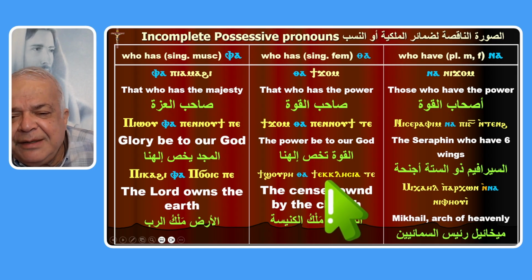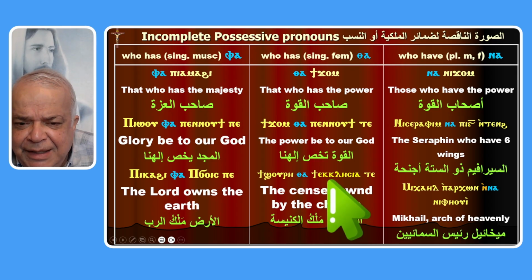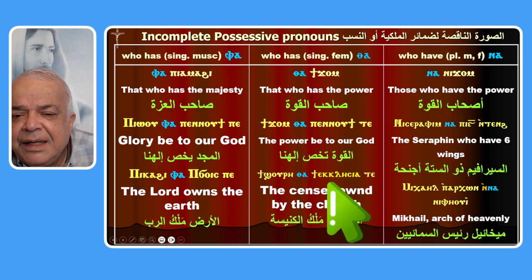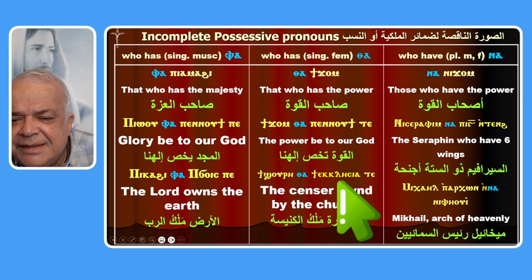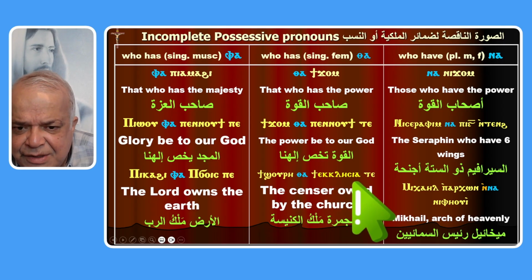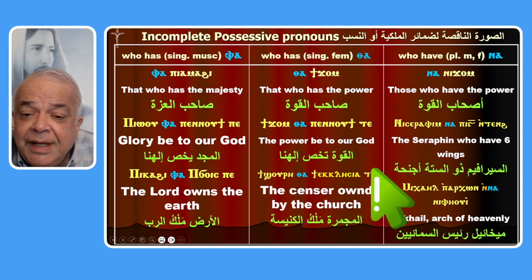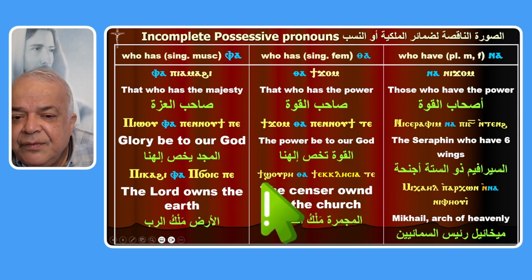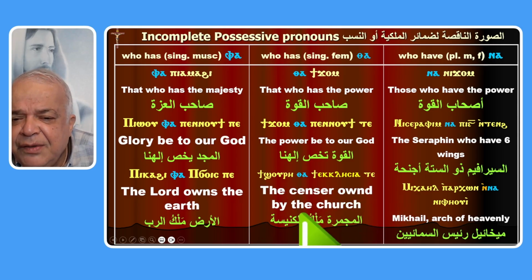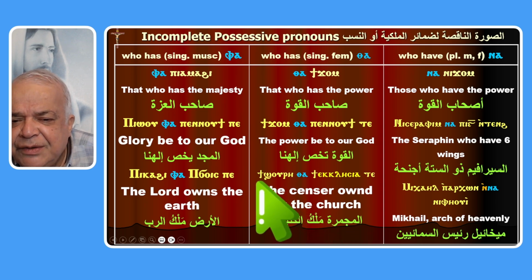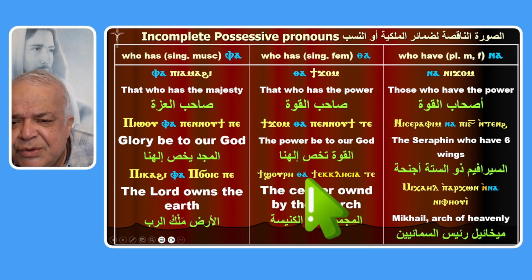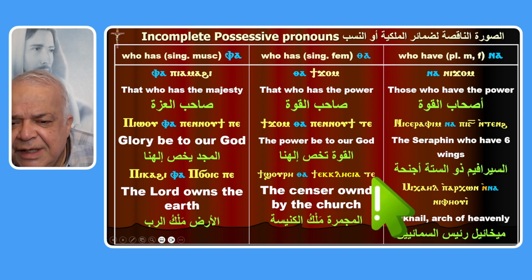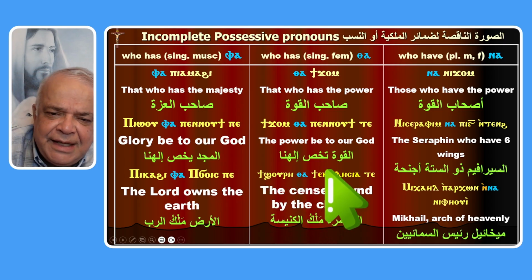When you spell it in French, you say A, which looks like E, G, L, I, S, E, église. In French it means church. Te, verb to be for feminine singular. The censer owned by the church. Or here, Tishori, the censer belongs to the church, it is, or she is, if you want to say it properly.